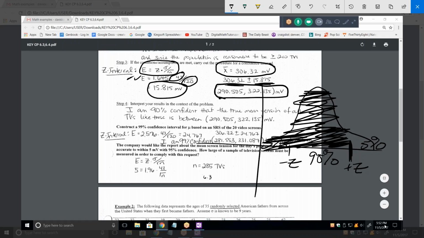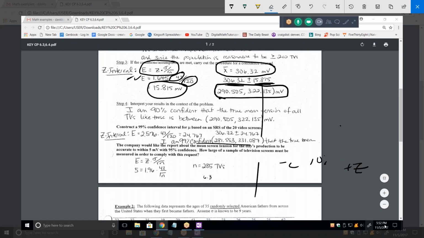I'm 90% confident that the true, and this is a little tricky here, this is not quite the same as what I thought it was when I first read it. I'm 90% confident that the actual mean, mu, of all the TVs is in this interval between 290 and 322.